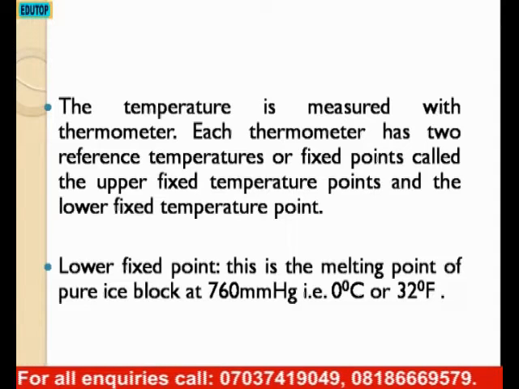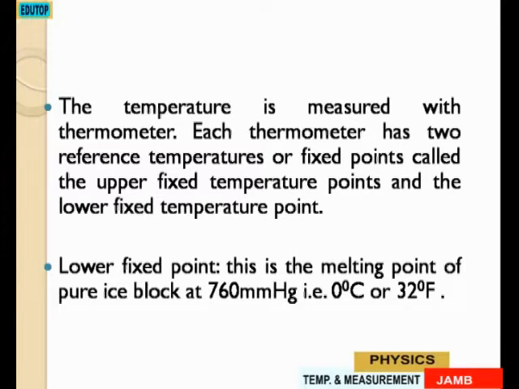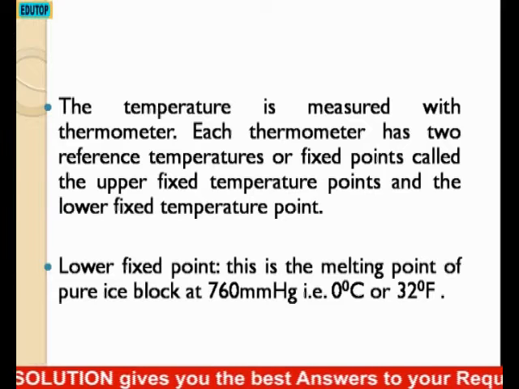Each thermometer has two reference points, or reference temperatures, or fixed points. We call them the upper fixed temperature point and the lower fixed temperature point. Let's take the lower fixed temperature point.